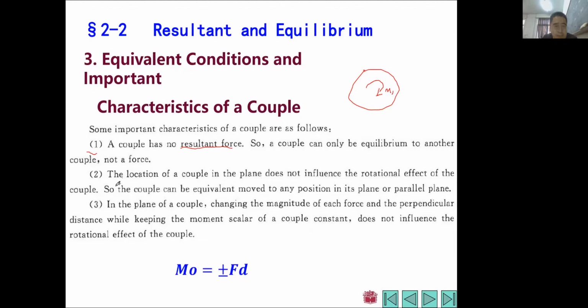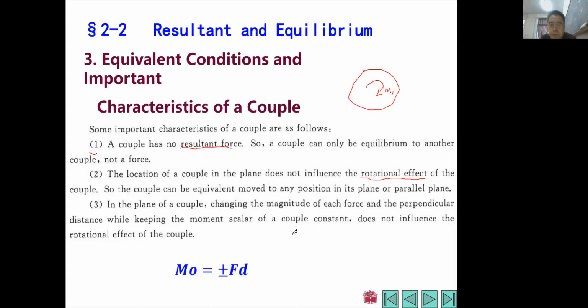The second is that the location of a couple in the plane does not influence the rotational effect. You know, the couple has a rotational effect. So the couple can be moved to any position in its plane or a parallel plane.